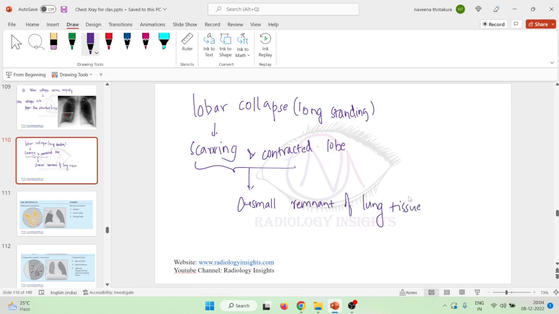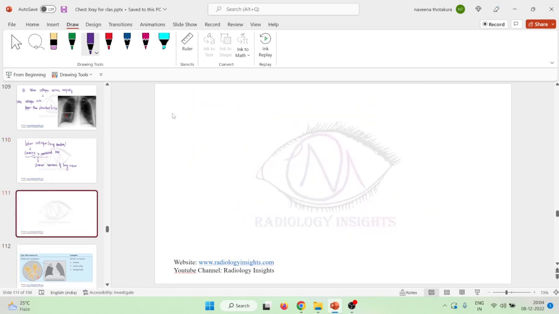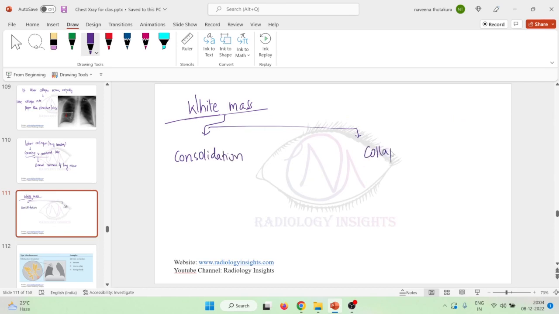One important thing is that whenever there is a white mass in the lung, always and always we have to differentiate whether it is a consolidation or a collapse. The main way of differentiating between consolidation and collapse is by lung volume.